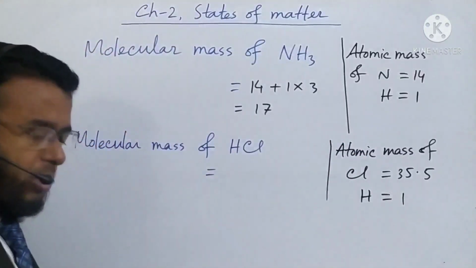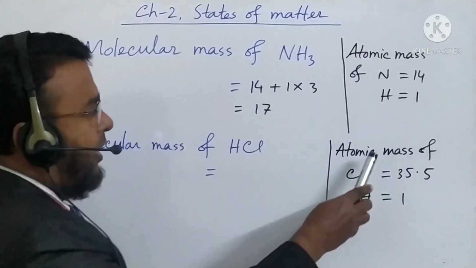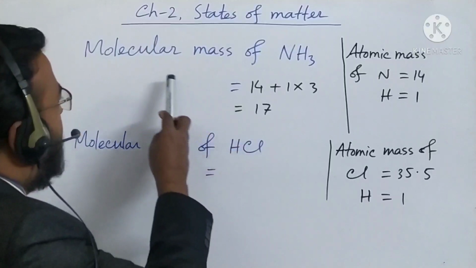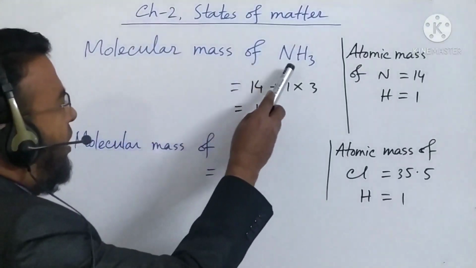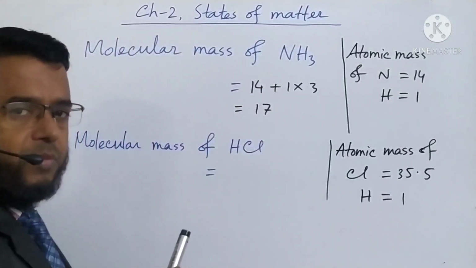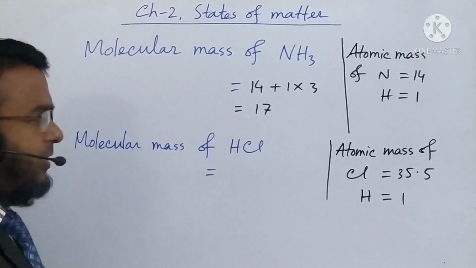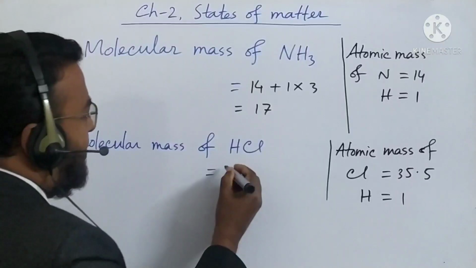Now if we add the atomic mass, then we will get the molecular mass. Here we see that the molecular mass of ammonia gas is 17. Okay, now we will find out the molecular mass of hydrochloric acid or hydrogen chloride gas.